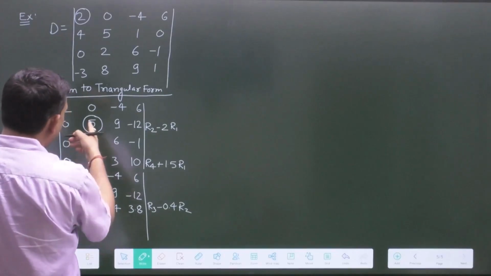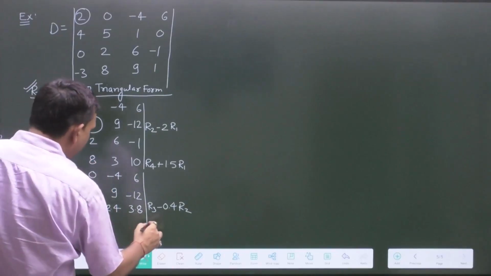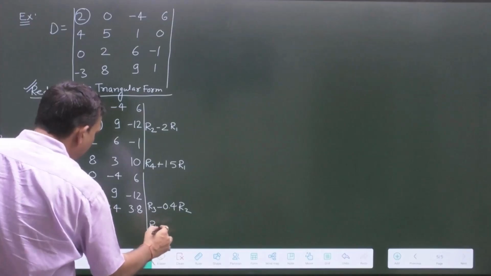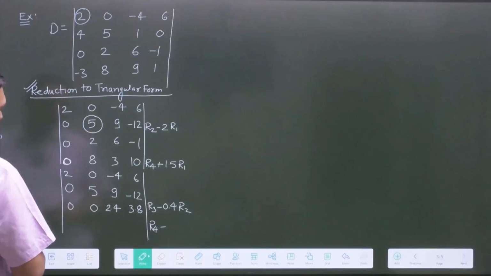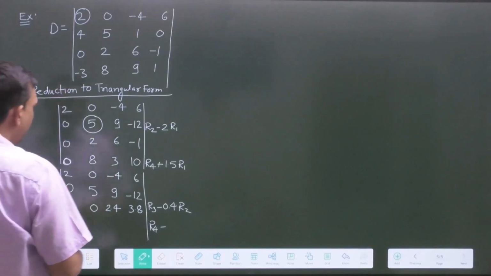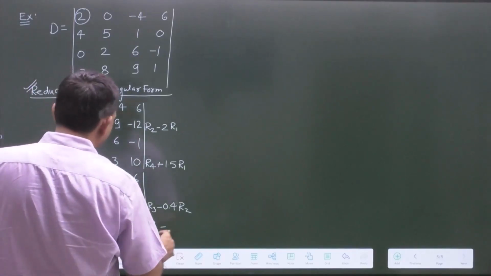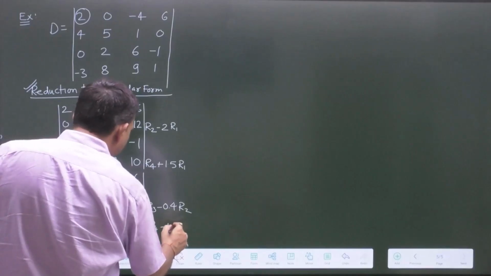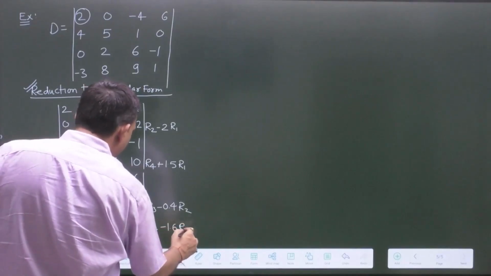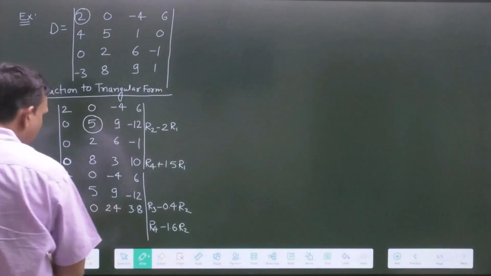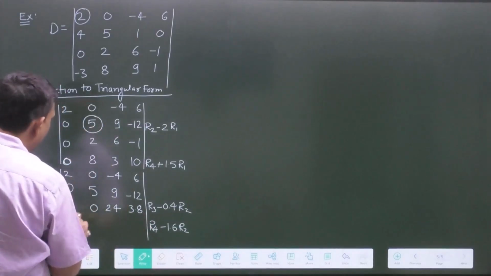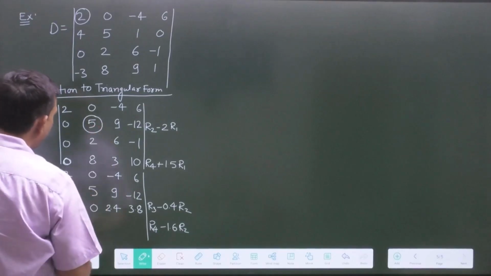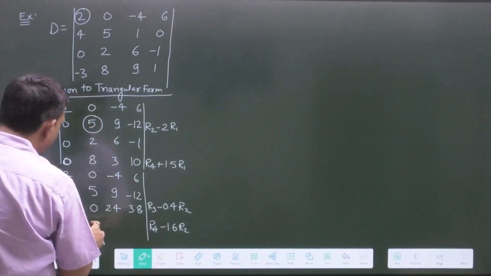And what about this? How will you get 8 here? So R4 minus 1.6 into R2. Just multiply it. So this is 0. This will be 0.